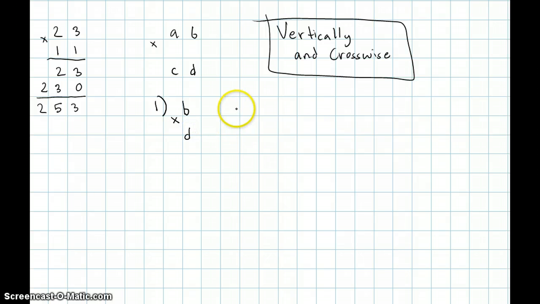The second step is a times d plus b times c. Now, this can sometimes involve carryovers, but we'll look at that in the next example. So continuing on to the last step, we do a times c.